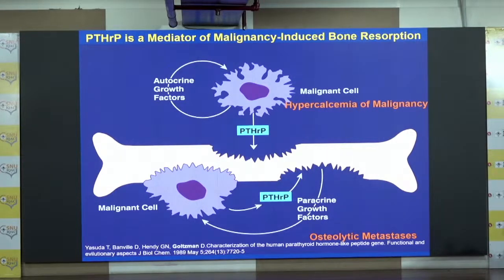It can act on bone to resorb bone, and it can release calcium and cause hypercalcemia. But the malignant cell, even when it's in the bone, can release PTHrP, and this will resorb bone, and this is called osteolytic metastasis, and this can also cause an increase in the blood calcium, or hypercalcemia.